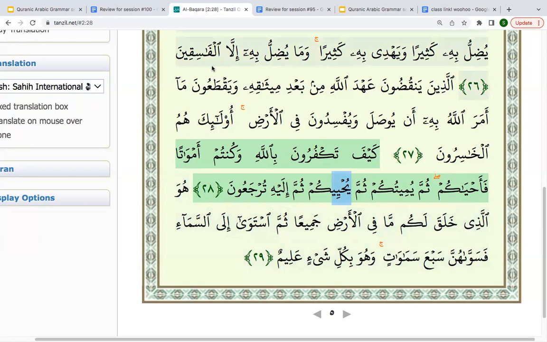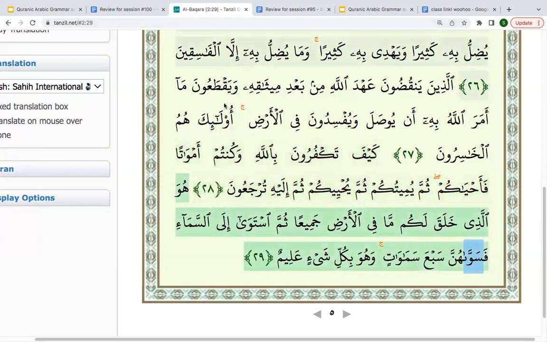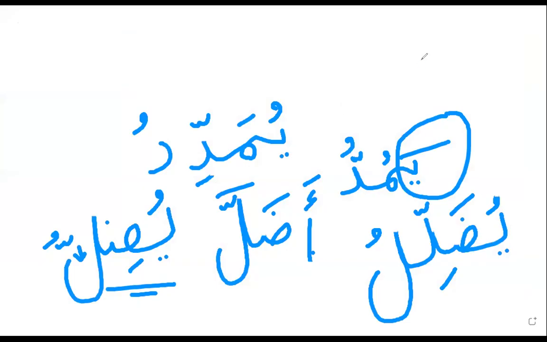Let me show you now this word here. Sawa. This word was originally, if I would write it separately, I will write it like that. What do you think? Sin, wow, ya are the root letters.